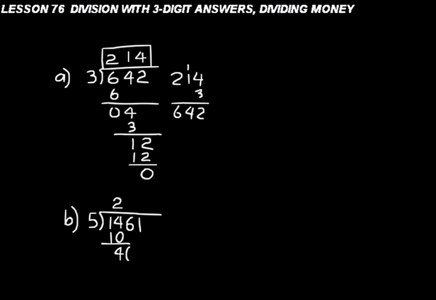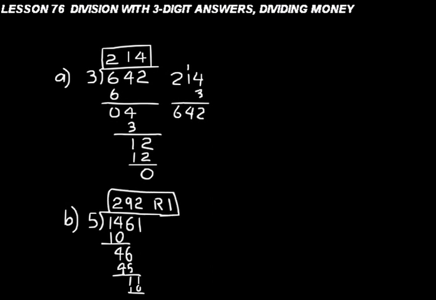Bring down the 6. 5 can go into 46 9 times, because 5 times 9 is 45. And then subtract. We have a 1. Bring down that 1, and we have 5 can go into 11 2 times, so that would be 10. And we have a remainder of 1.